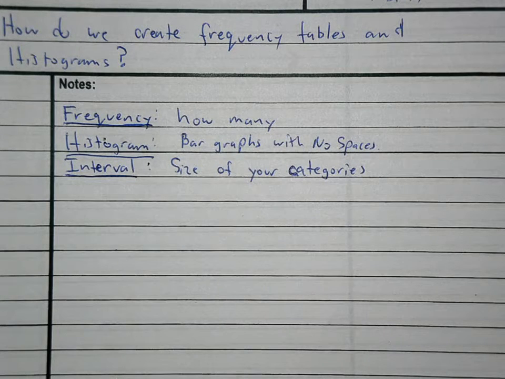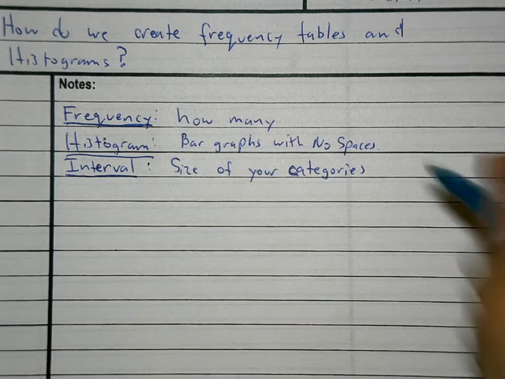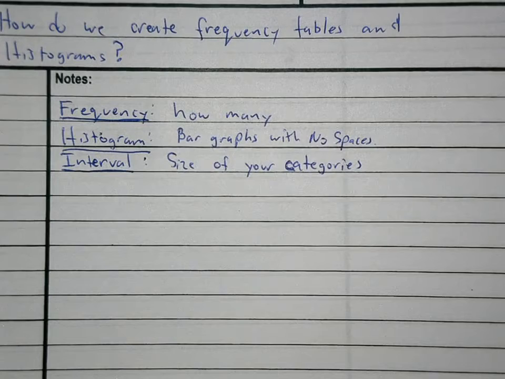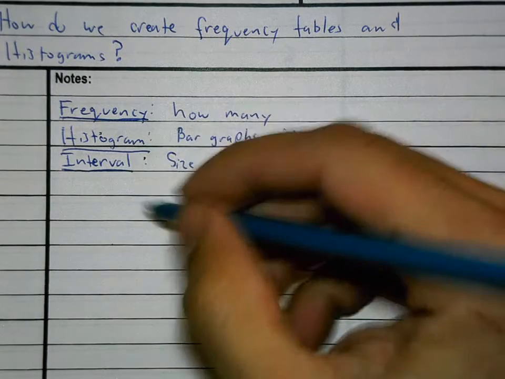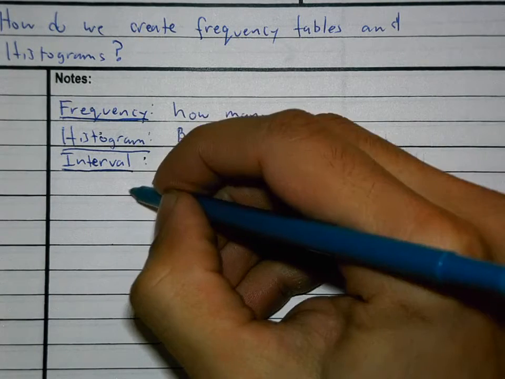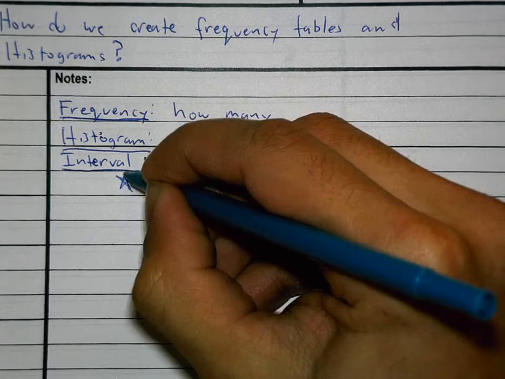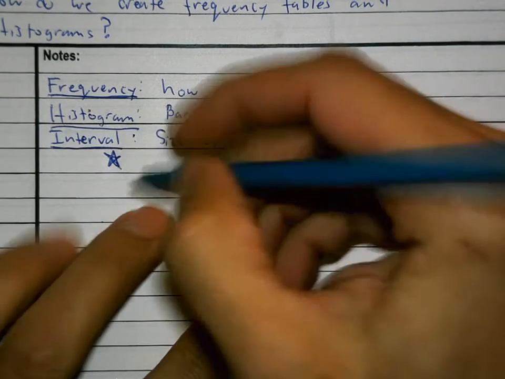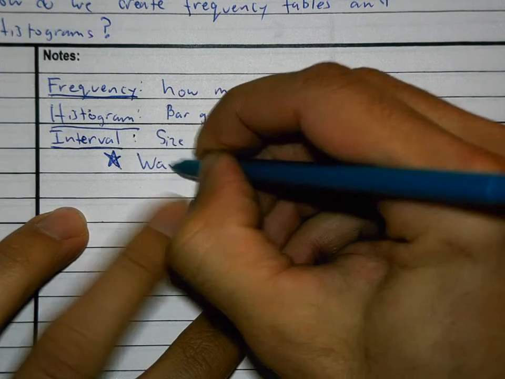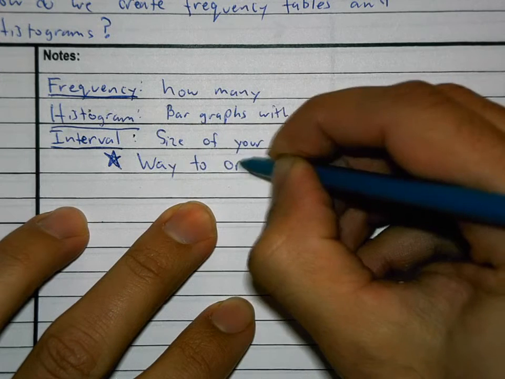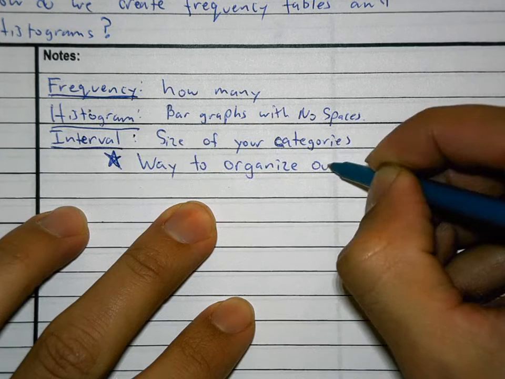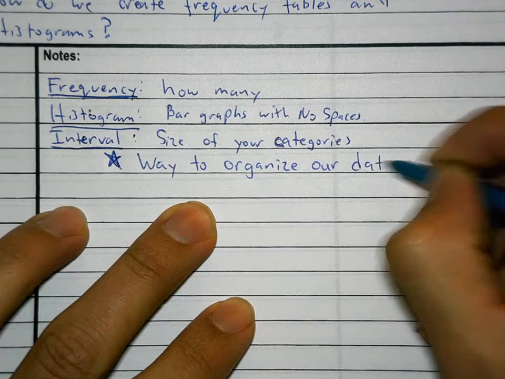Okay, before I even get into it, why are we going to learn this? Because we are going to learn how to organize data. I'm going to put a little star why we are doing this. It's a way to organize our data.